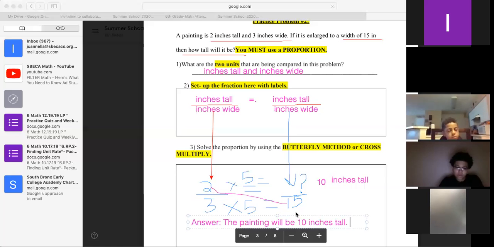Or 2 times 15 is 30, just like 3 times 10 is 30. Cross multiply. Questions, comments, concerns? No. Okay. It's just very hard for me to do the butterfly method on here because there's not much space, but we will do it on the next problem.